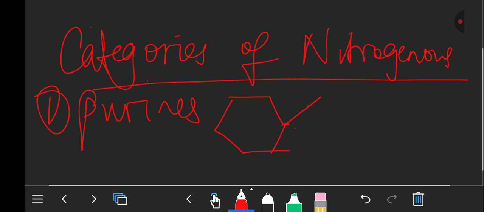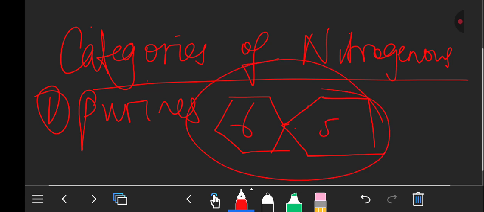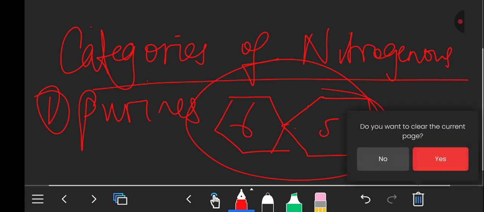So one is a 6-membered ring, the other one is a 5-membered ring. They are double ring structures. Those are what we call purines.